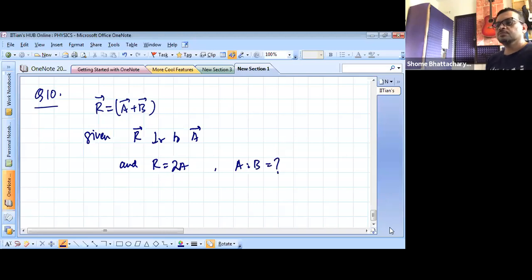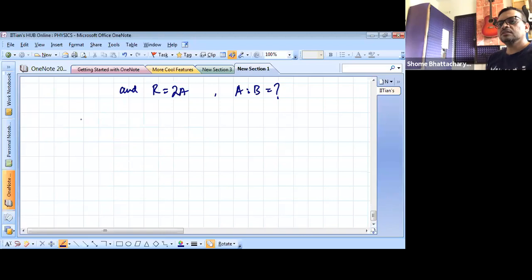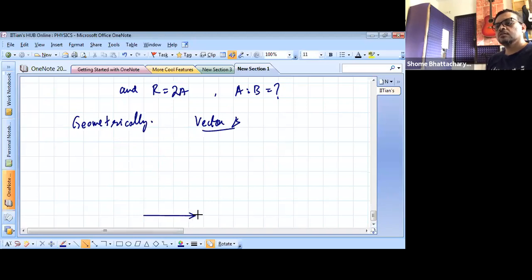Okay. So it's very simple. We can either do this geometrically, we can draw the vector triangle for this. Okay, so you can see that this is the vector A, then the vector B must be something like this, so that the resultant sum of A and B is becoming perpendicular also, and also it is becoming twice of A in magnitude.